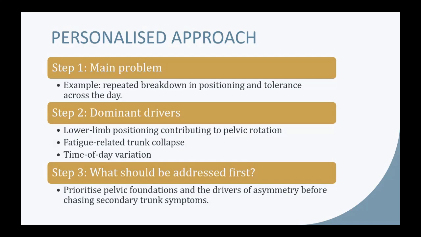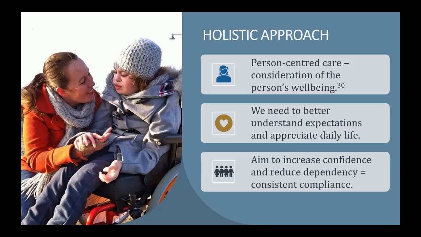I just wanted to touch upon, I mentioned a lot about caregivers and care settings and daily routines. This is a really important slide, this holistic approach. Person-centered care is of course the person at the centre, but we have this circle around them that informs really what they do day to day, especially in complex needs.